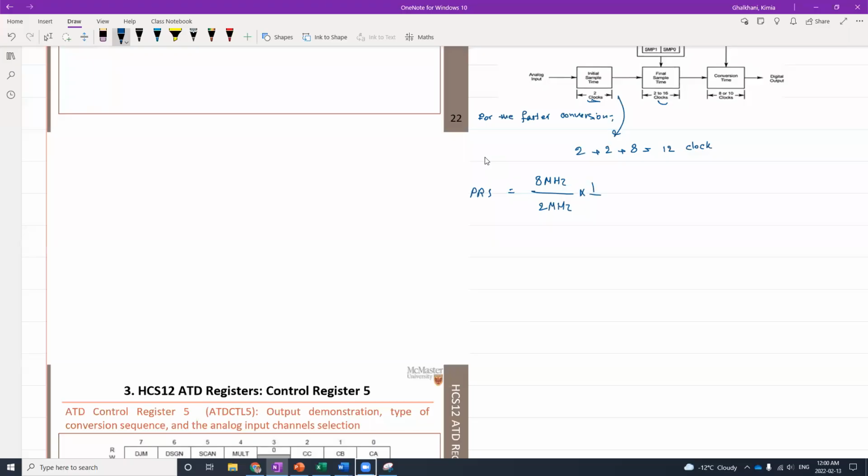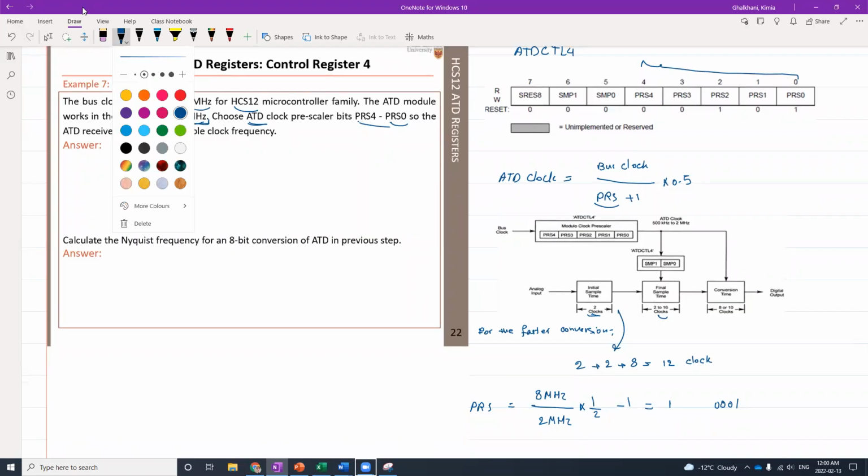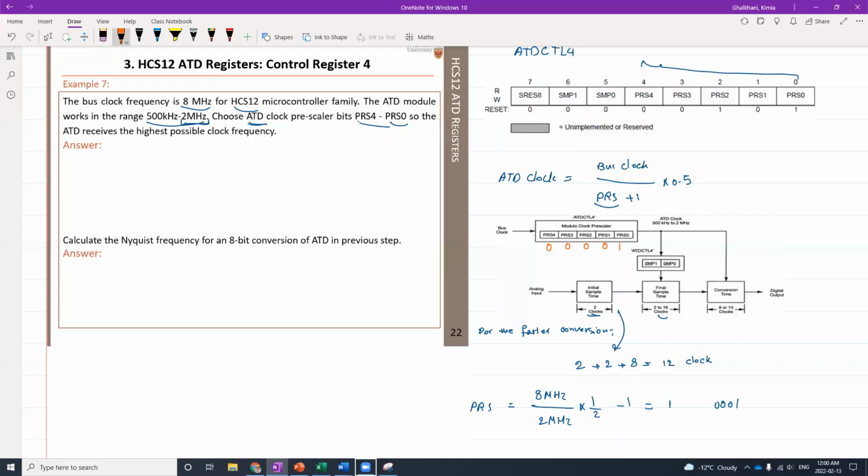Times 1 over 2 minus 1, which is equal to 1. What does this mean? This means the pre-scaler should be 0, 0, 0, 0, 1, right in here. And you can find that one from the table as well. This is how you can calculate the pre-scaler.